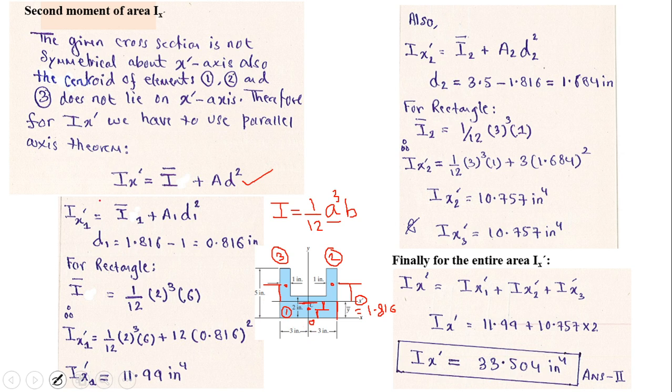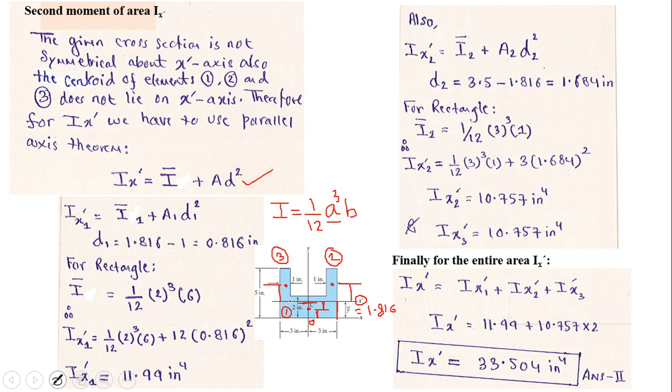Please notice why we have used the parallel axis theorem to calculate Ix dash: firstly, this given cross section was not symmetric about the x dash axis, and secondly, the centroids of these individual shapes, shape number 1, shape number 2, shape number 3, were not lying on the x dash axis. So we didn't use Boolean algebra, but we used the parallel axis theorem.